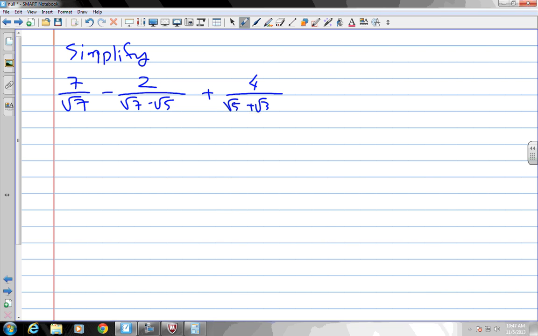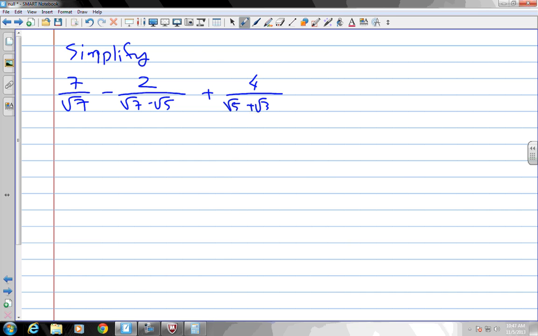I have this expression. Well, that's some difference of 3 fractions, and as you know, in order to add or subtract fractions, you need to find the common denominator.